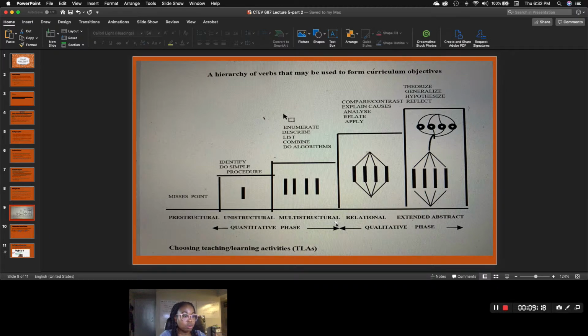It starts with the one bar there, identify, do simple procedures. So it's like the Bloom's taxonomy for curriculum objectives, but it shows you the phase of what should be happening. So by the end, there should be theorizing going on, generalizing, hypothesizing, and then reflecting, which is obviously the highest level of thinking.